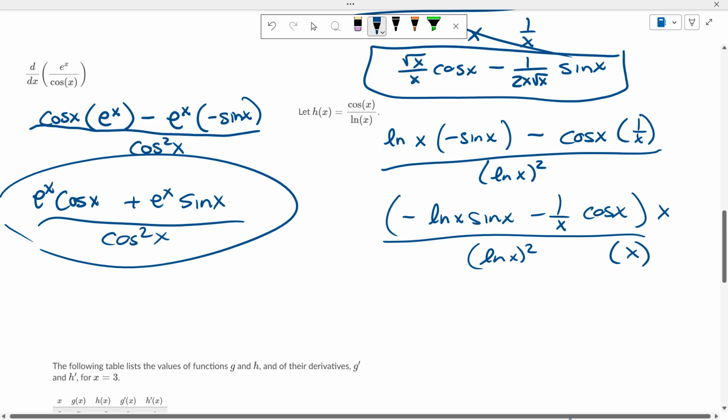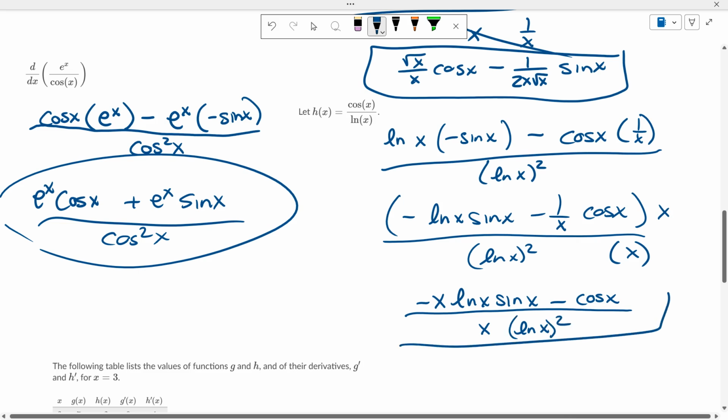And if we distribute through there, we get negative x ln of x sine of x. These two cancel, so it's minus cosine of x over x ln of x squared. And that would be our final answer.